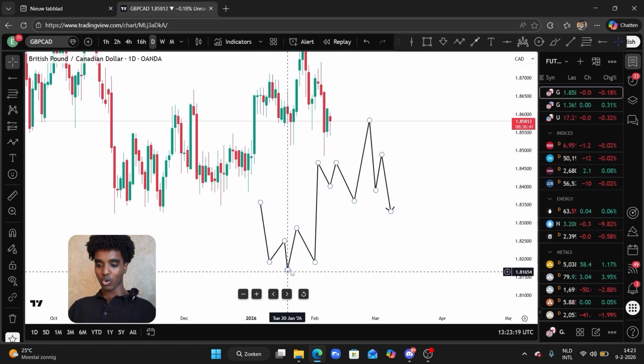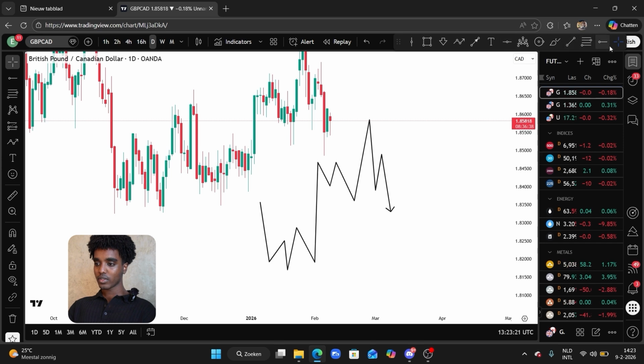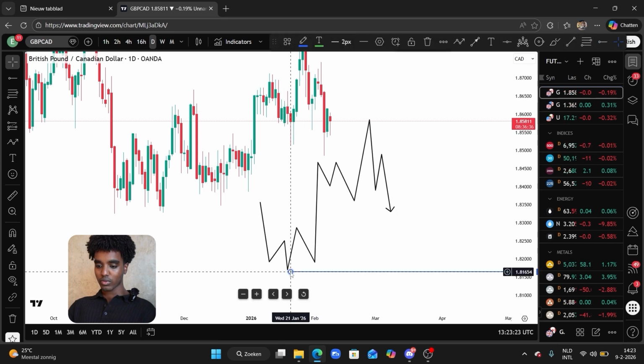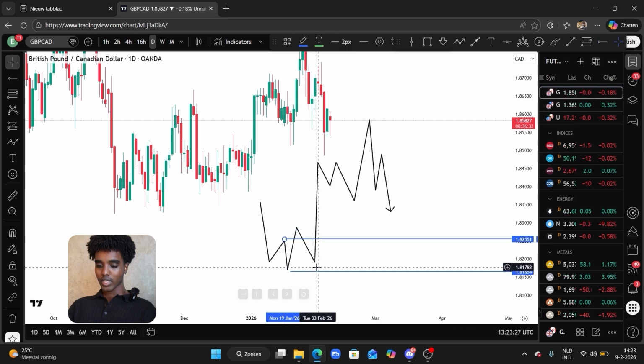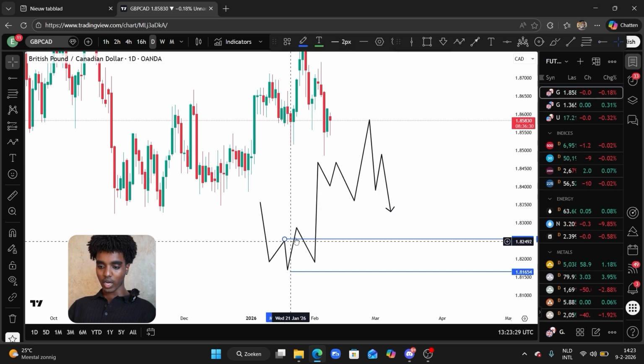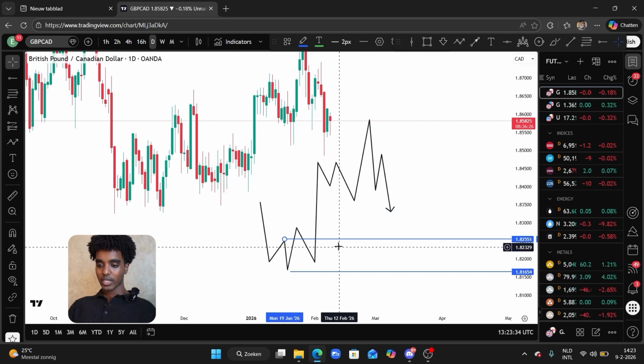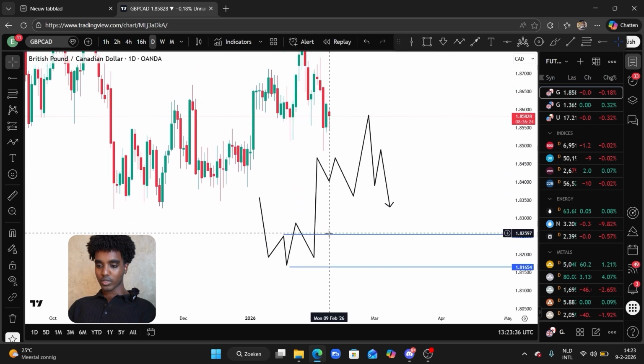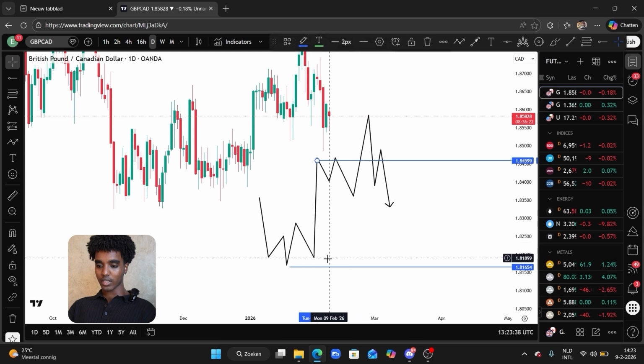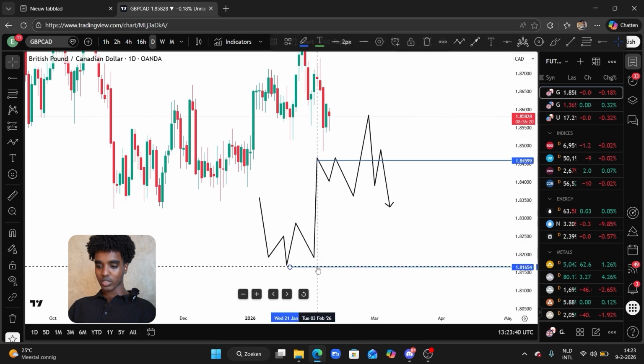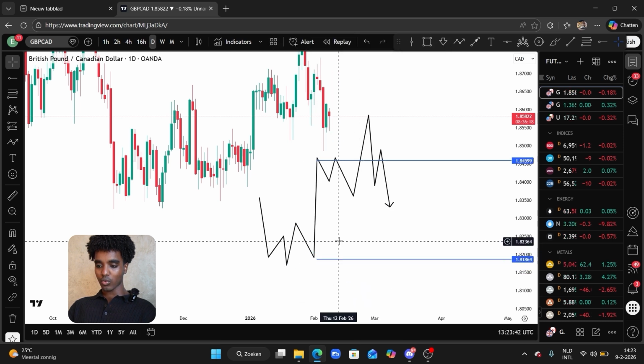So here it made a lower low here. It made a lower low. This was the lower high before. And it broke the lower high, going from bearish to bullish. And then this point became the higher high. And this was the higher low.